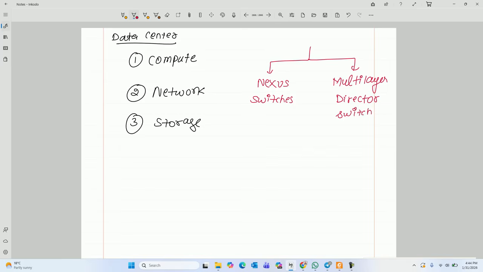By the way, the MDS switches are based on the Nexus switches itself, but they are specifically designed for storage area network.